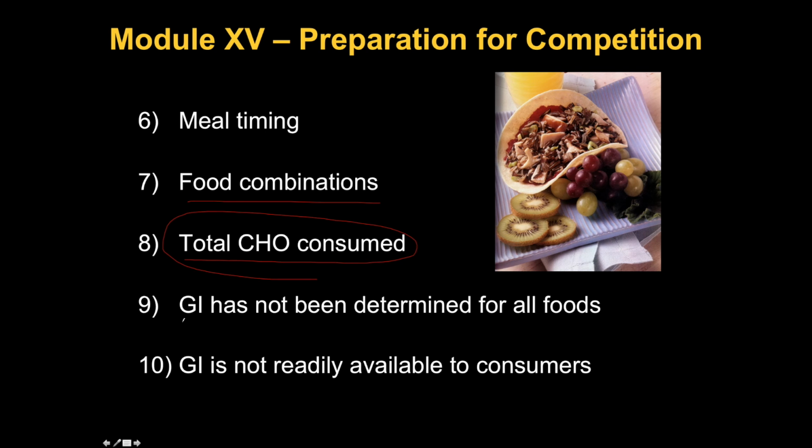The other issue here is that the glycemic index hasn't been determined for all foods. And the glycemic index really isn't available to a lot of consumers. You really have to dig to find information on this and educate yourself in order to utilize the glycemic index.